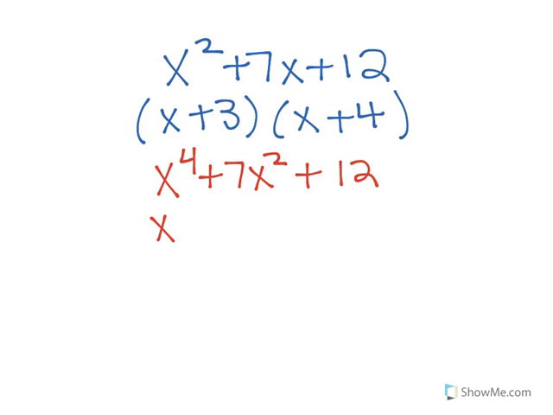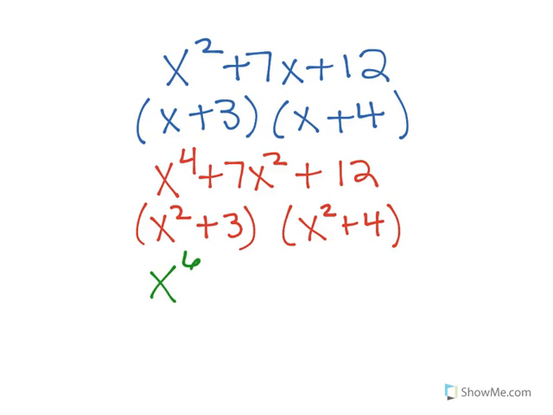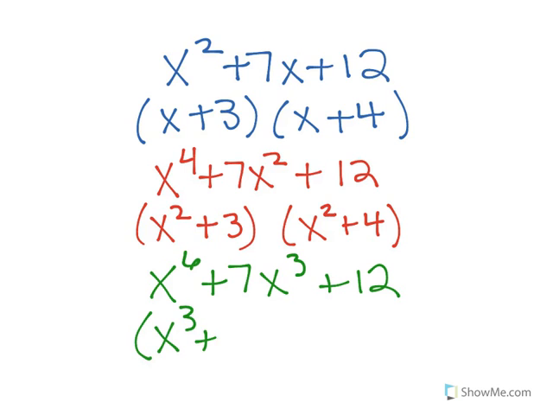Then I had x squared plus 3, x squared plus 4. Same numbers, it's just instead of x plus 3, it's x squared plus 3. The same concept, I could have also given you x to the 6th plus 7x to the 3rd plus 12. This would have turned into x to the 3rd plus 3, x to the 3rd plus 4. And the pattern would continue.